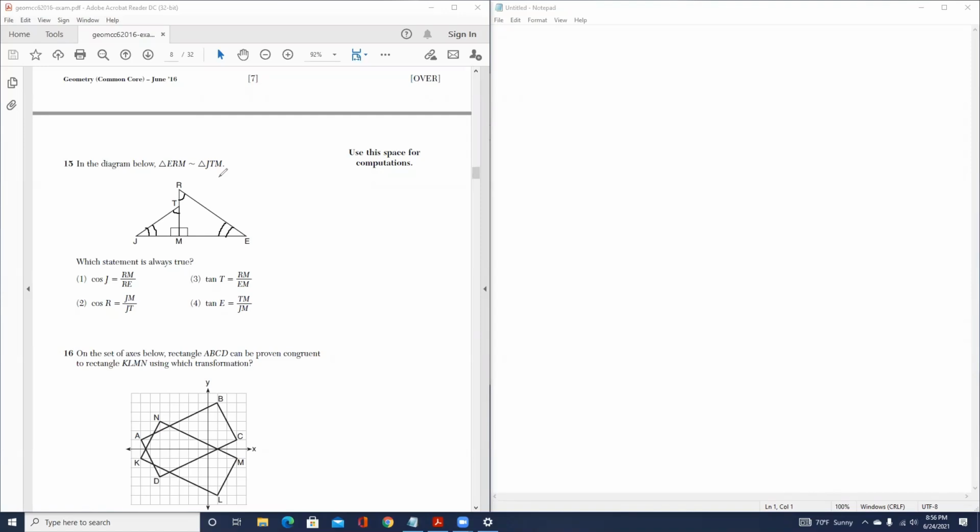So the best way that I can think of to solve this question is just to write out each of the trigonometric relations for each triangle.